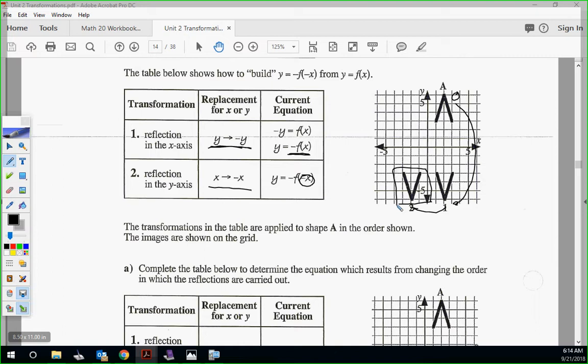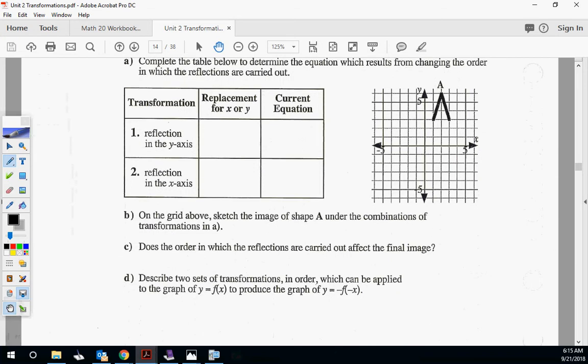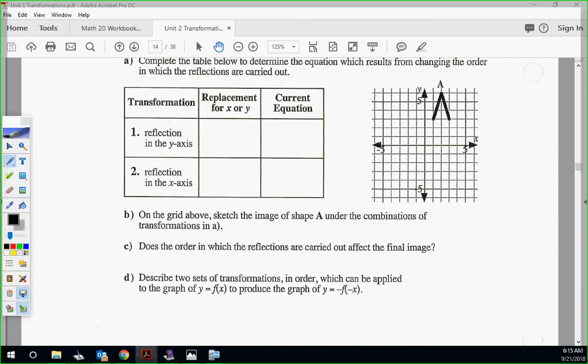Now we're going to do the same exact thing in reverse order in this other table. We reflect over the y-axis, so we change our x to a negative x. First we're doing this piece, so we go over here, there, there, and there. That's where it's going to be for step 1, the original.